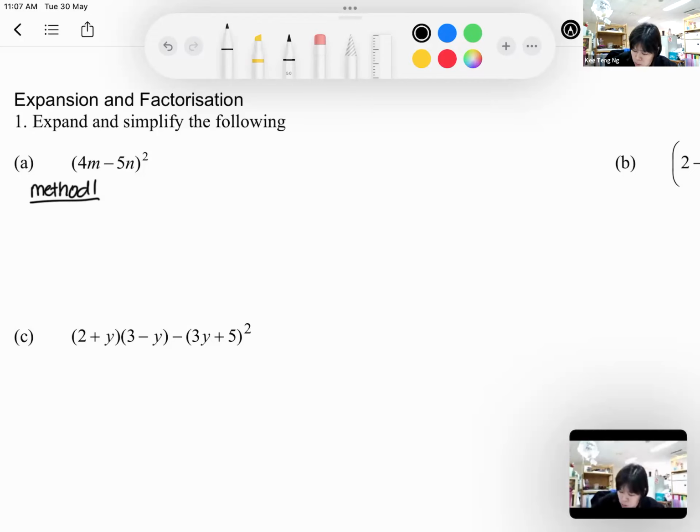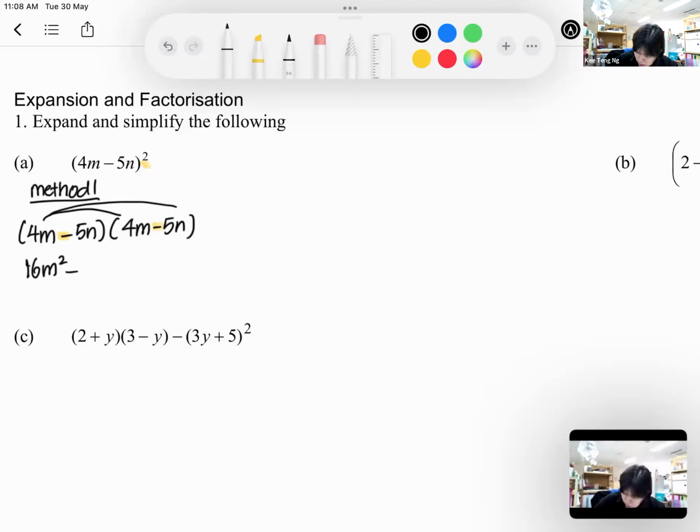This one is power 2. Power 2 over here means it's repeated exactly the same 2 times. So then I should expand this. The signs over here don't change, okay? 4m times 4m, 16m squared.